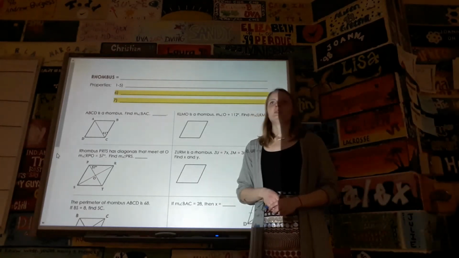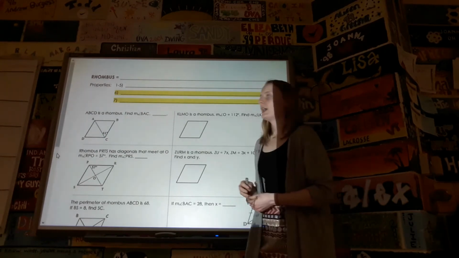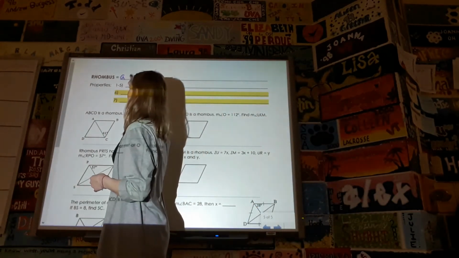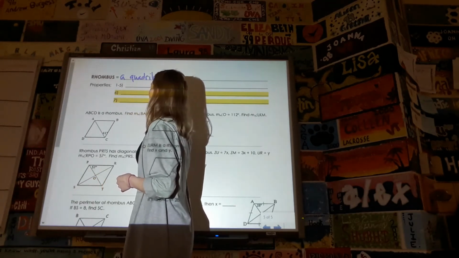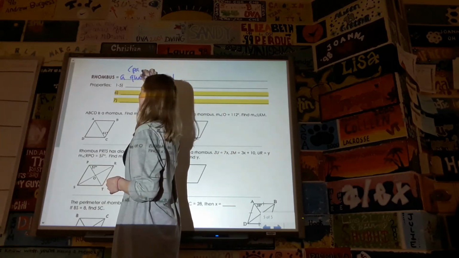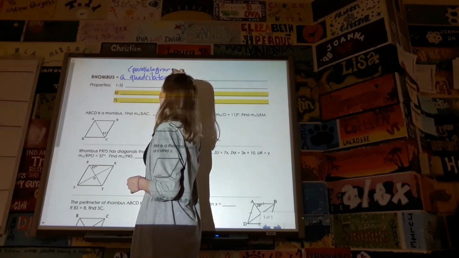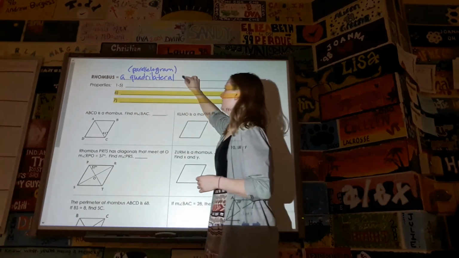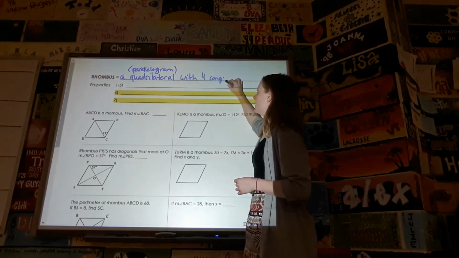Have you guys ever worked with rhombus before? No? Okay, a rhombus is a quadrilateral, in parentheses, parallelogram, above, with 4 congruent sides.